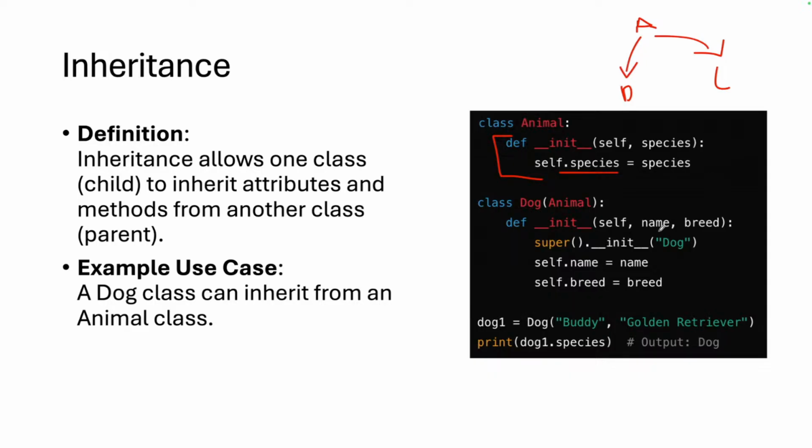So here we can see that dog actually inherits animal. We're passing this animal inheritance down to dog. And now, even though nowhere in this code did we say species, you can call dog1.species because it's getting that species attribute definition from animal. Even though we don't say self.species inside of the dog code, because it's inheritance.